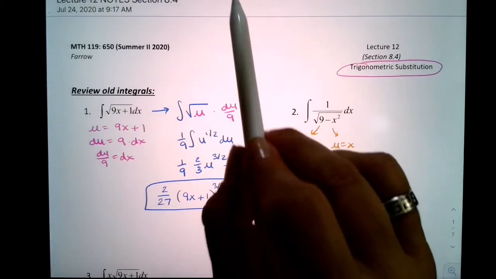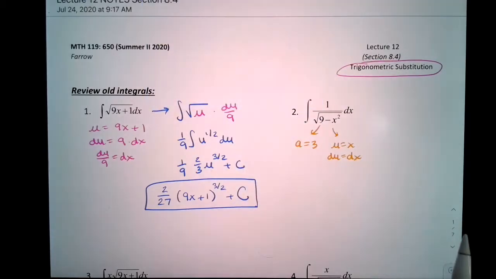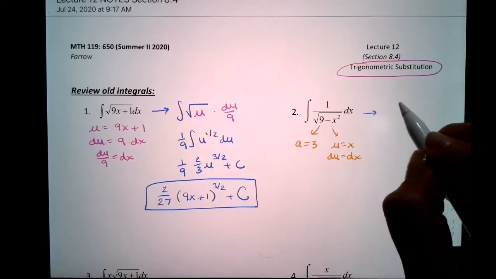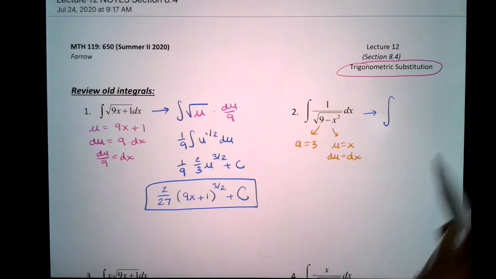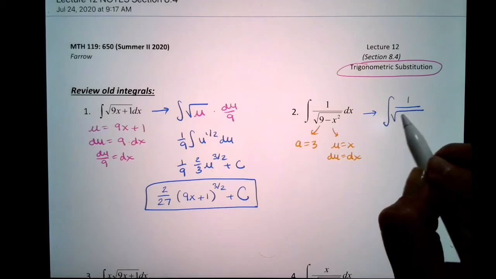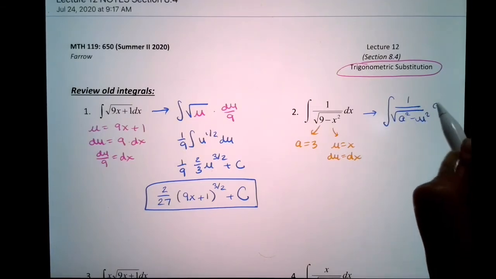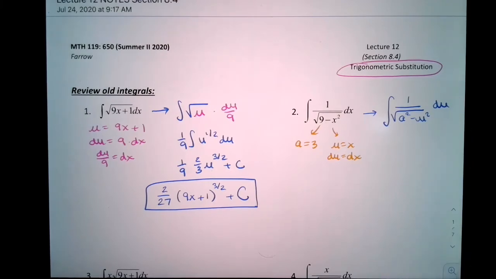And I'm going to switch this integral over. My integral now becomes 1 over the square root of a squared minus u squared, and in place of dx, I can just put the du on there. So this is the derivative of arc sine, and so I'm going to run to my answer here.